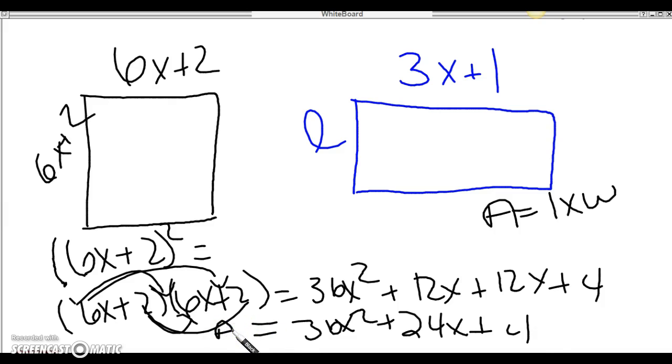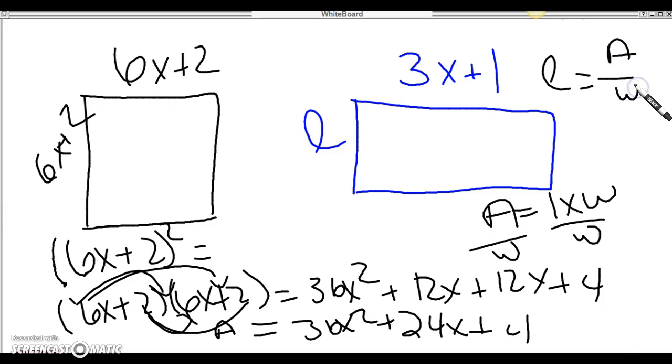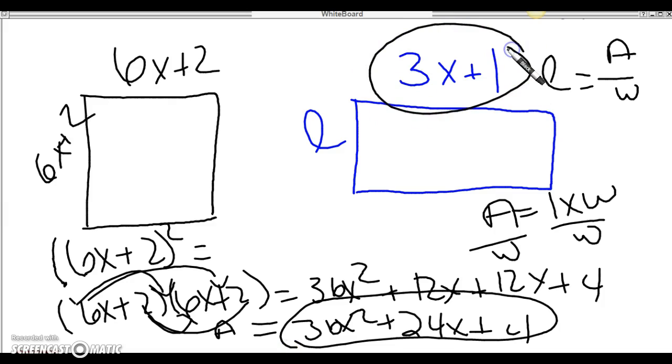Okay, and so if I want to find the length, I know that's going to be area divided both sides by W is going to be area over width. So I know my area and I know my width.